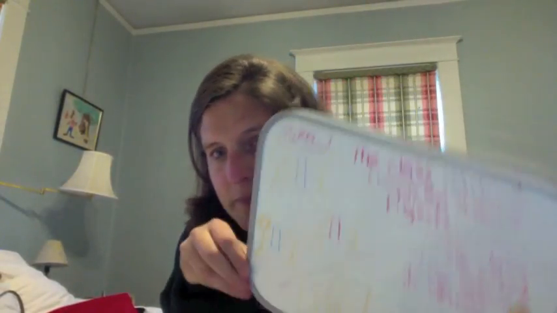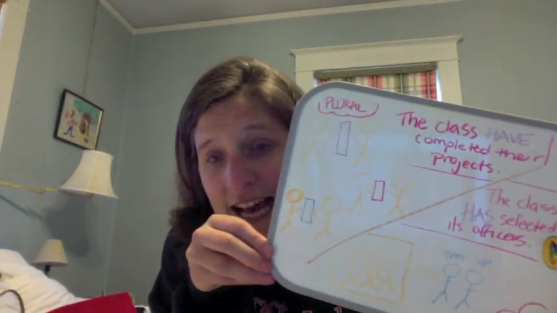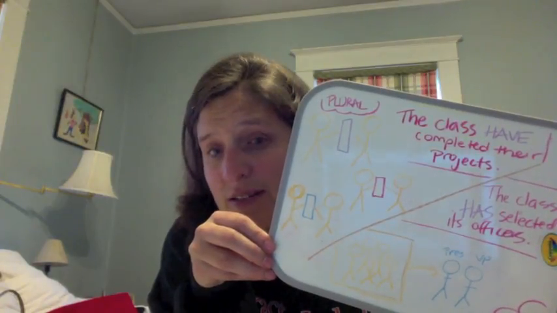You can find some examples of collective nouns at the bottom of 129, but I'm going to use the word class to demonstrate what's going on here. The first example is this. You can have a sentence like this. Ooh, hold on. There we go. The class have completed their projects.